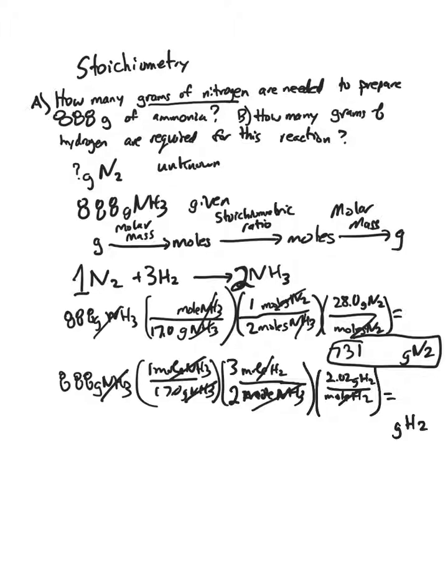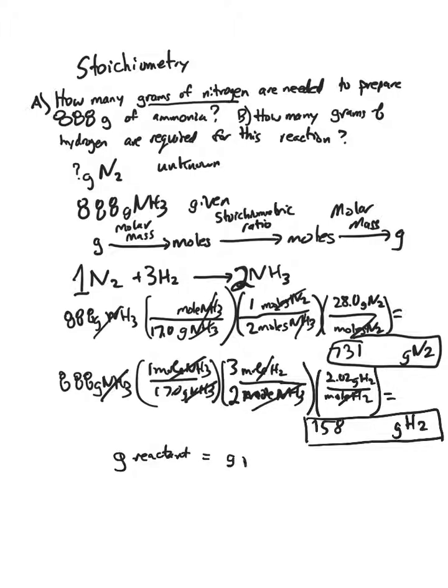So 888 divided by 17 times 3 divided by 2 times 2.02 will give me 158 grams of hydrogen. That's 3 sig figs.